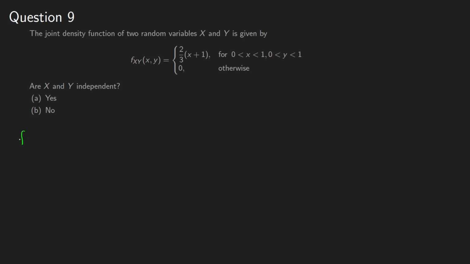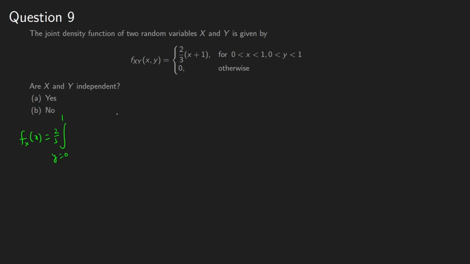So first of all, we will calculate the marginal of x. That will be, we will integrate y from 0 to 1. We integrate over the random variable that we don't want, right? So we don't want y, just want x. So we will integrate the joint PDF with respect to y over the full range of y.